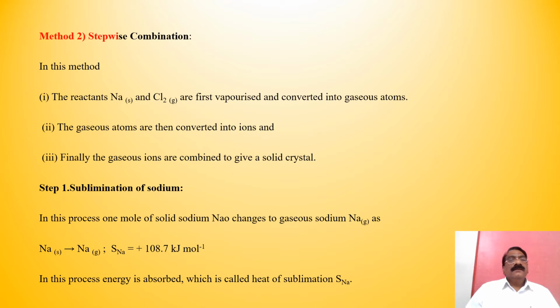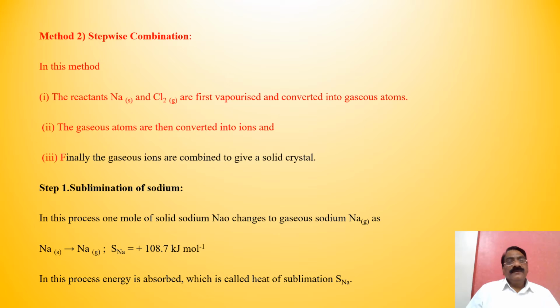Second method for the formation of NaCl is called the stepwise combination method. In this method, the following steps are involved. The reactants Na solid and Cl2 gas are first vaporized and converted to gaseous atoms.